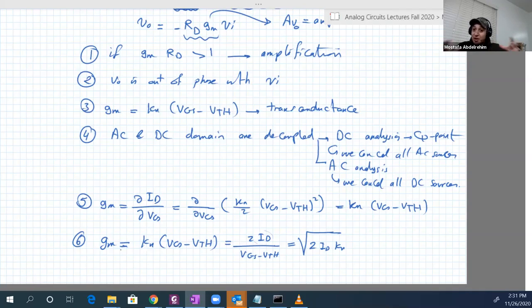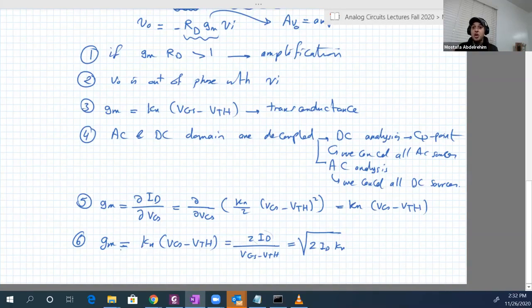So the bottom line here is that we can use the transistor to amplify signals. We see that there is an amplification gm RD, and it depends on the circuit parameters like RD, our transistor characteristics, and the biasing that we get. If you choose them right, you can have gm RD larger than 1, so you can have amplification.